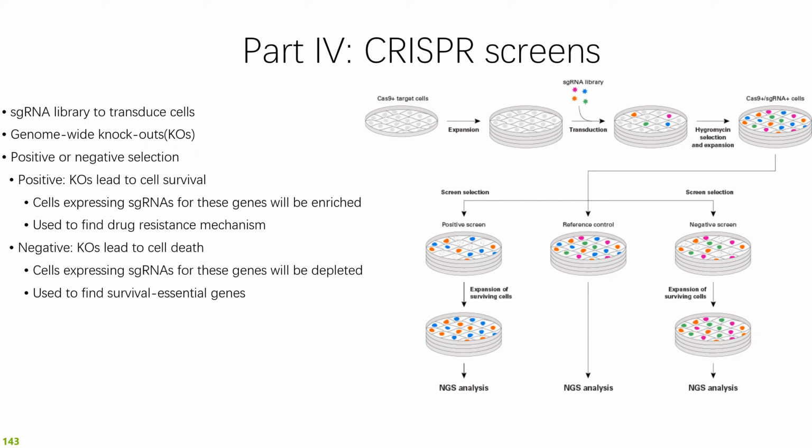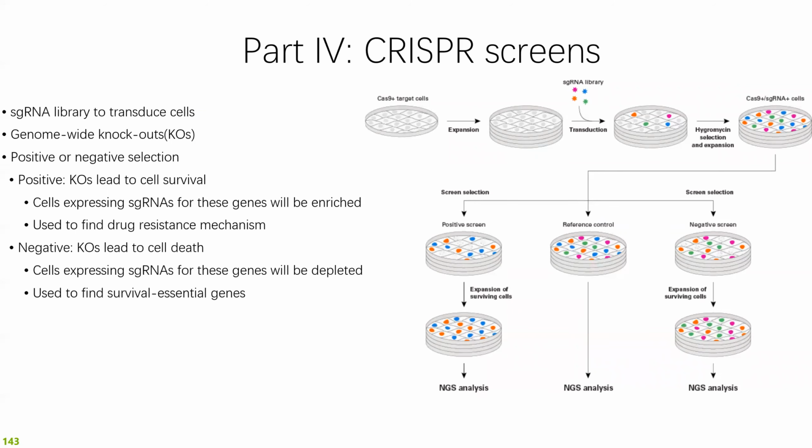For example, after transduction, we apply a drug treatment to the cell culture, and we will see if under this drug treatment, cells with certain genes knocked out are preferentially enriched, and it will suggest that these genes may be related to drug resistance mechanism.